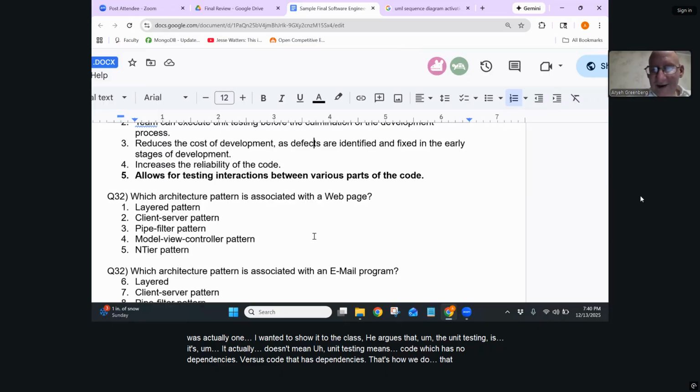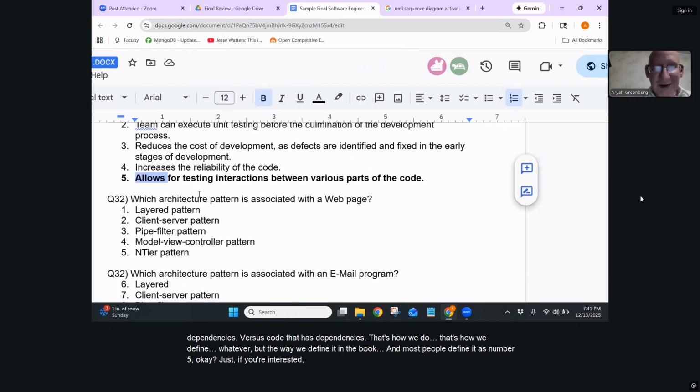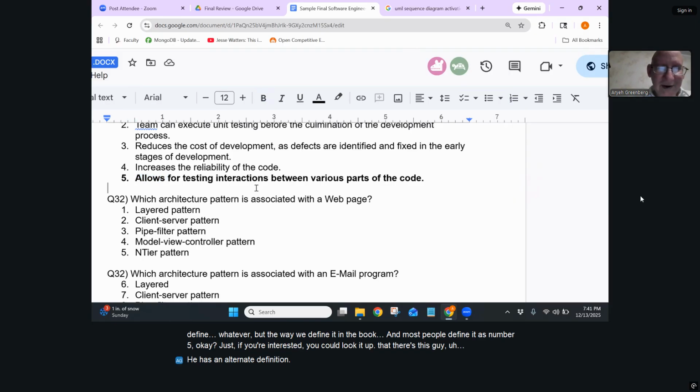That's how he defines it. Whatever, but the way we define it in the book, and most people define it, is number five. If you're interested, you could look it up; this guy has an alternate definition for component testing.